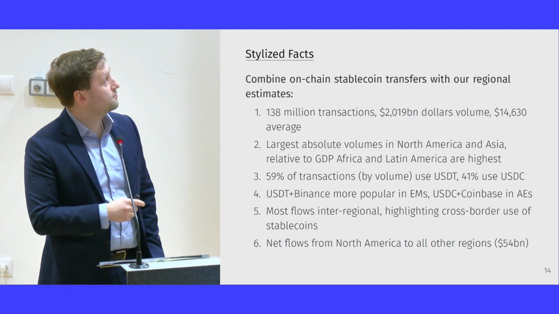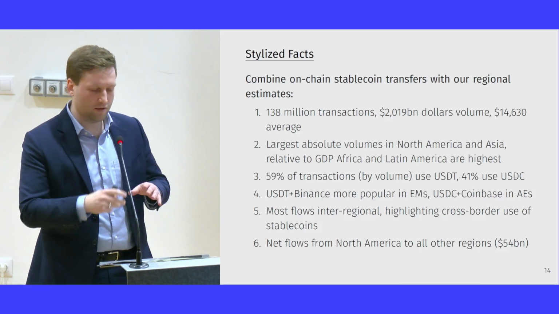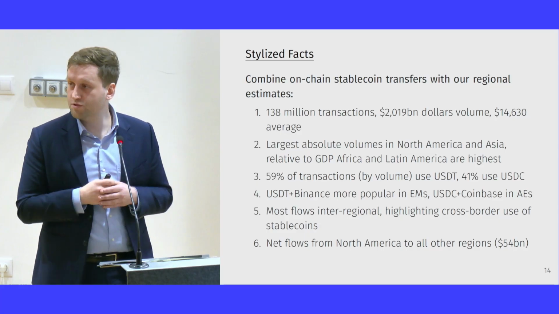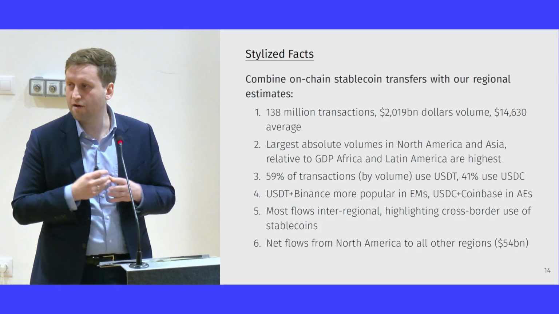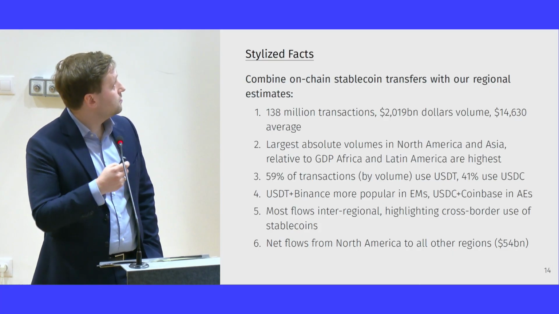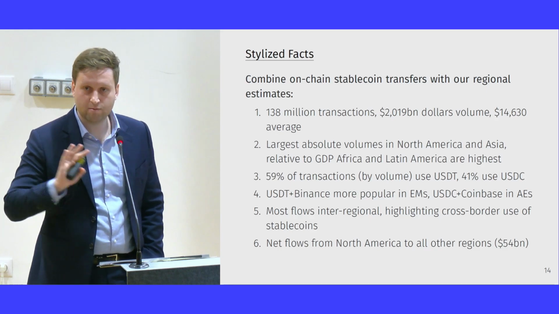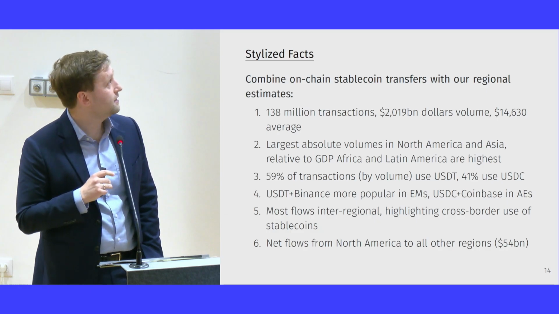The largest absolute volumes you find in North America and Asia, but when you set this relative to GDP, for example, you find that stablecoin usage seems to be highest in Africa and Latin America. Roughly 59% is USDT, which is the bigger of the two stablecoins, and 40% is USDC in this sample.